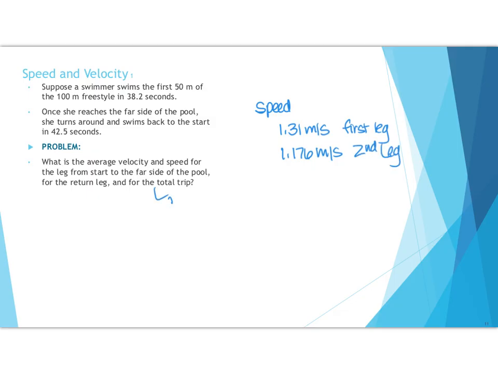And for the total trip, I should have said the average speed, because in that case, we just wanted to look at the fact that she goes 100 meters for the entire time. So this is the distance. So when we say the average speed over the total time, that would be 1.24 meters per second. All right, so that's comparing how we might use distance and speed and velocity, contrasting those definitions.